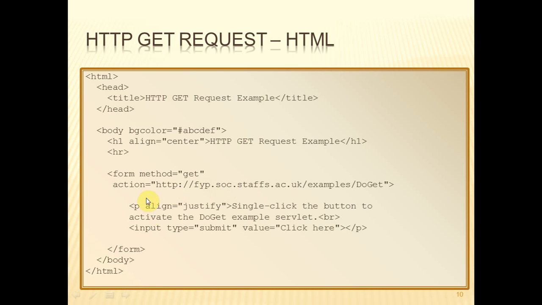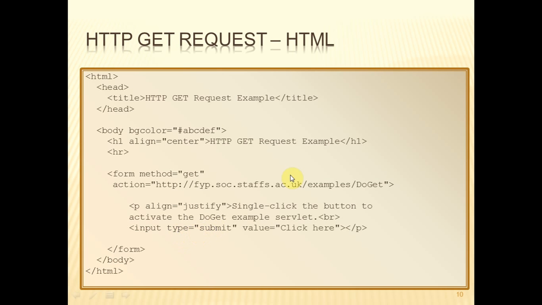Now, in this very simple example, we've got a little paragraph telling the user what they need to do: just single click the button. Then we have an input tag which tells us that this is a submit type, and that means it's going to be a button.